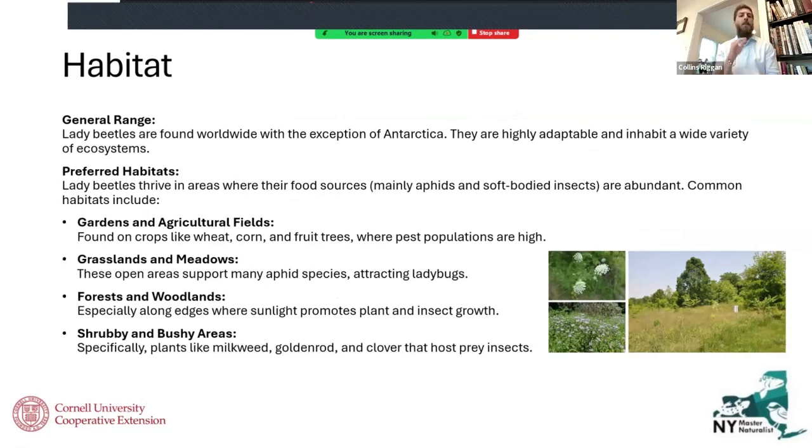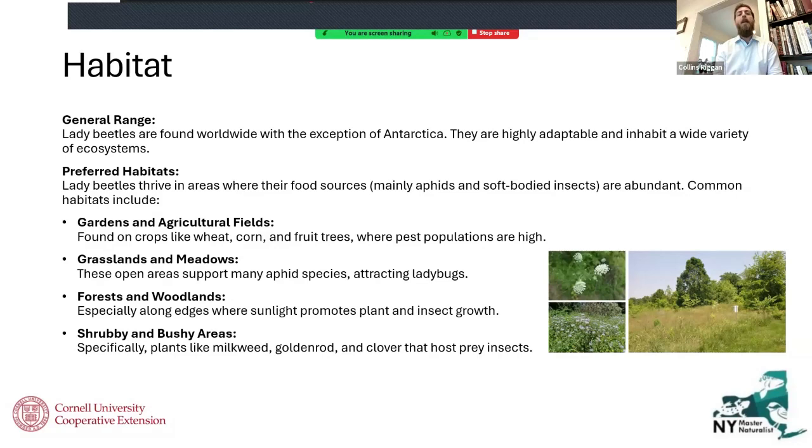So within that, they've got 4 areas that we really predominantly see the ladybugs, and that's going to be first gardens and agricultural fields, specifically places that have wheat, corn, fruit trees, which typically will have high pest populations, at least certain times of the season they will. Grasslands and meadows, these are open and again supporting the aphid population.